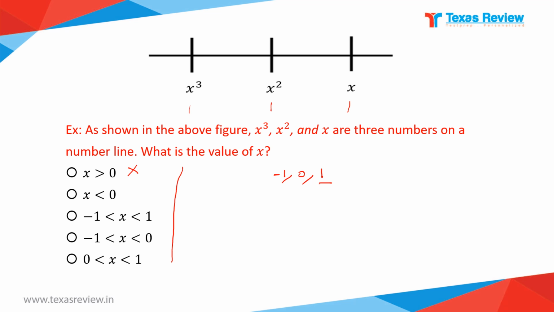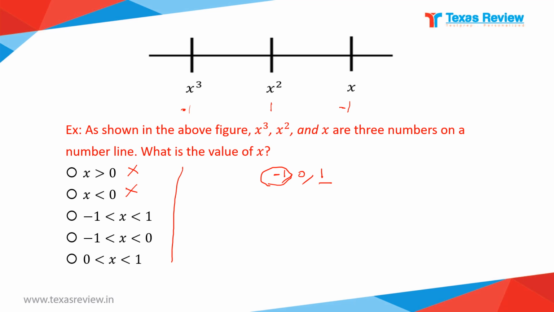Now the second option says x is negative, so we can substitute -1 instead of x. When you substitute -1, x cube becomes -1 and x is -1, but x square is +1, and this is not possible because you can't have a positive number between two negative numbers, so this option is ruled out.